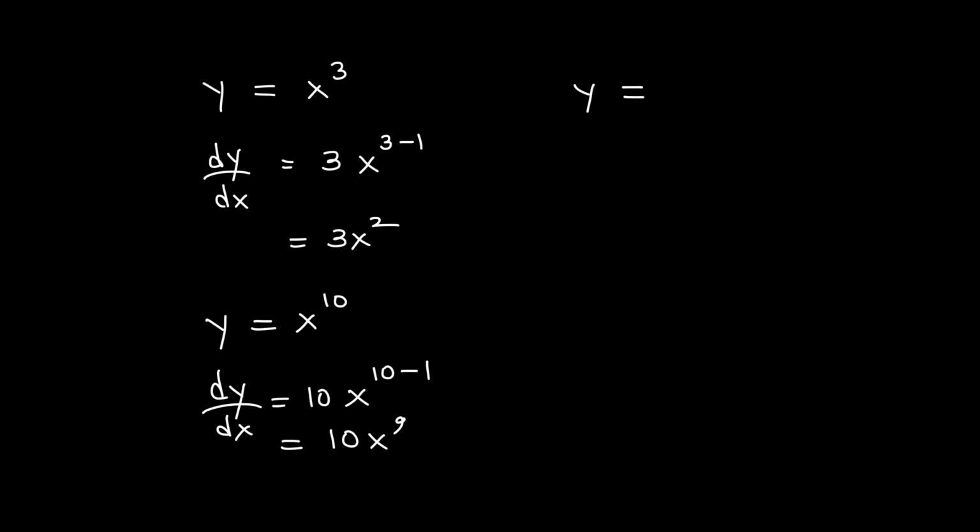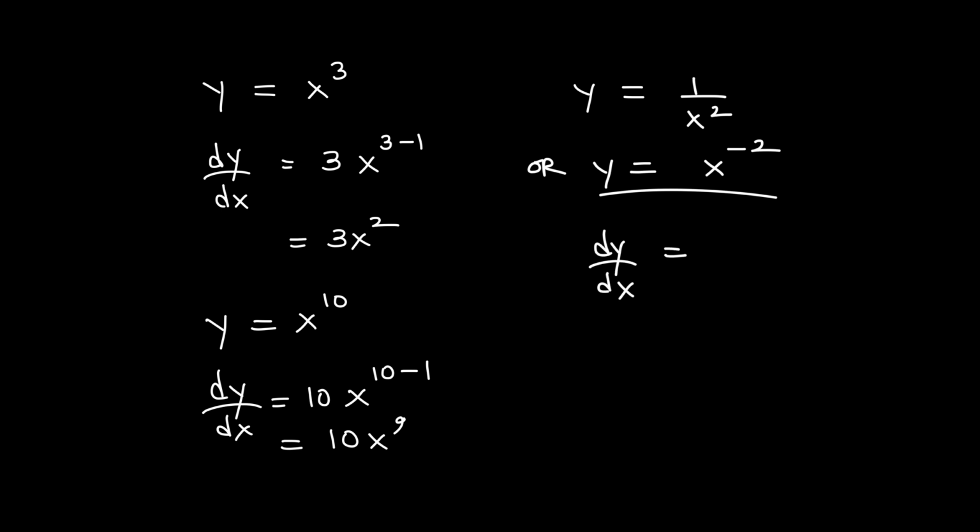Y is equal to 1 over x square. Write it in the proper format with a negative power, y is equal to x raised to the power of minus 2. Therefore, dy by dx, minus 2 comes down, x remains as it is, power reduces by 1, that is negative 2, x raised to the power of negative 3, and now we can write in the proper format negative 2 over x cube.